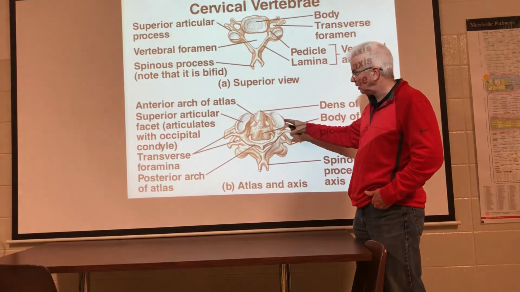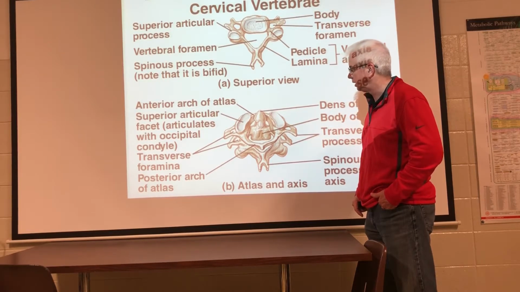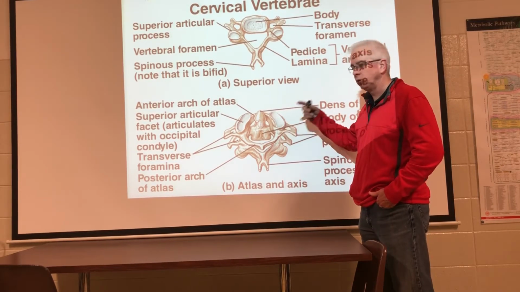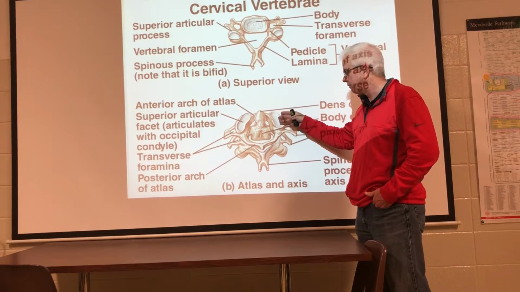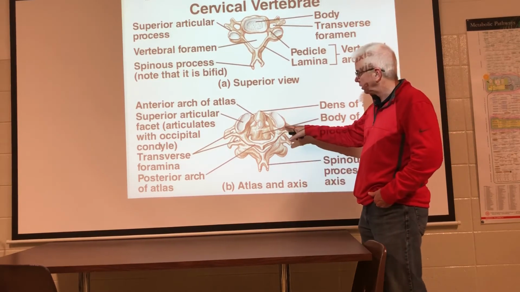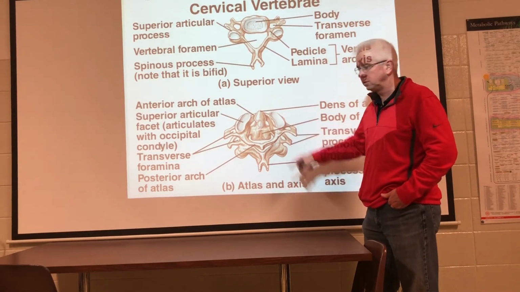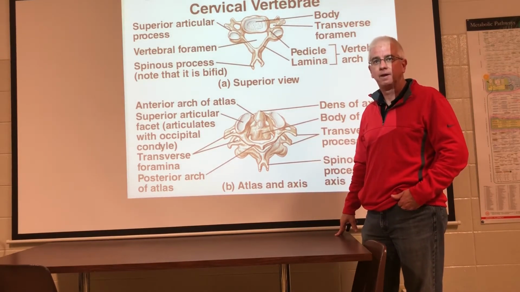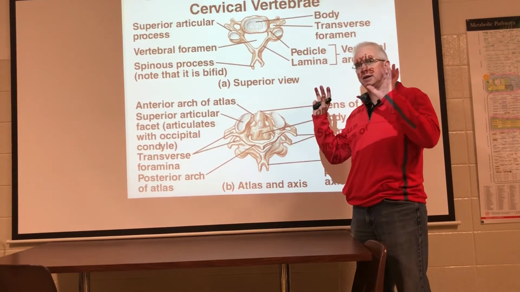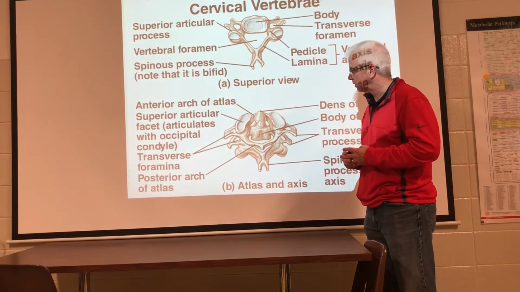Now we also see here on C1, you guys have noticed this in the lab, there's an articulation here with the occipital bone. And then every other bone articulates with the one below it. So the articulation from C1 to the occipital bone, something we call the superior articulating facet, the face of this bone, articulating with the face, the occipital condyle on the skull.